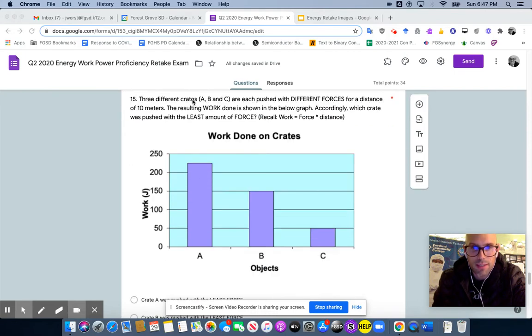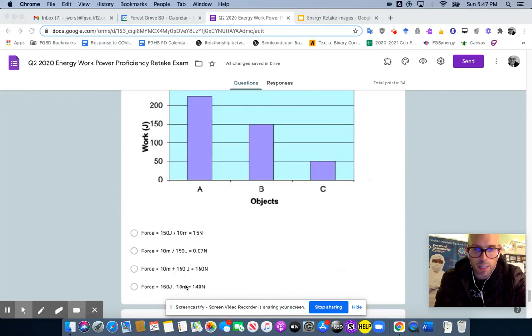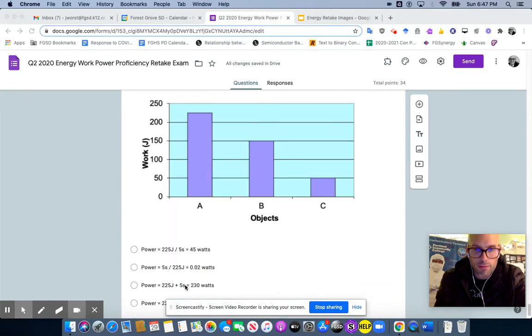3 different crates, A, B, and C, are each pushed with different forces for a distance of 10 meters, okay? So, crate A was pushed 10 meters. We don't know the force it was pushed with, but it generated, let me just make sure we aren't asking you to read the graph.